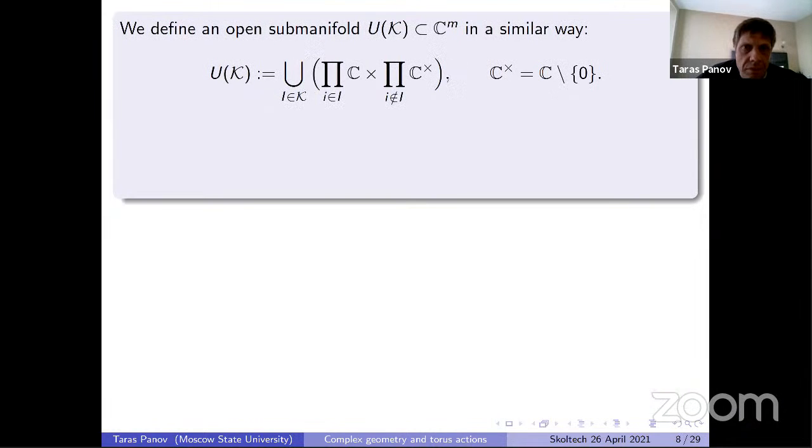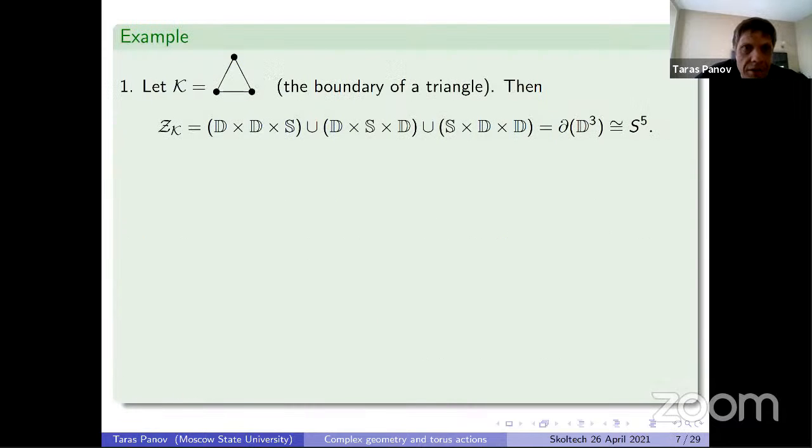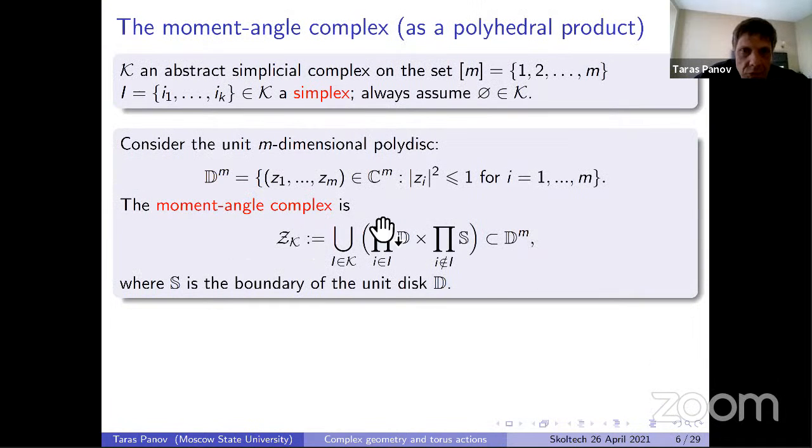Okay, so here you have some kind of combinatorial topological construction involved, called the polyhedral product. I wrote it here. It starts with, as an input, an abstract simplicial complex and a pair of spaces. In this case, the pair of spaces is a disk and a circle. So if you take a simplicial complex and you have a pair of spaces, you can build what's called a polyhedral product.